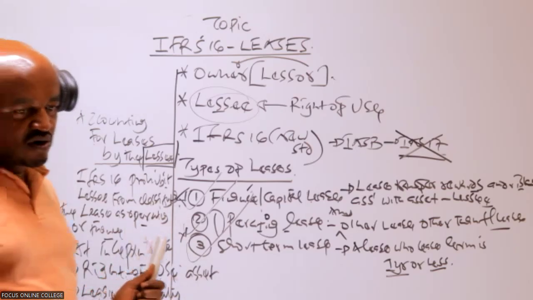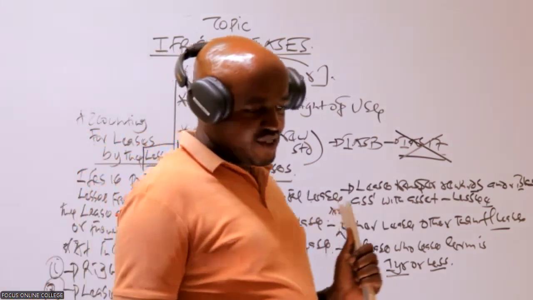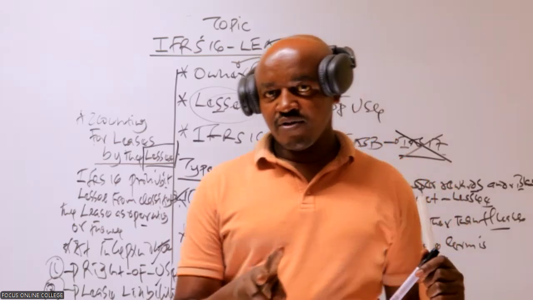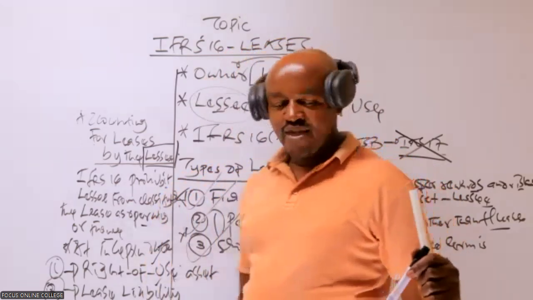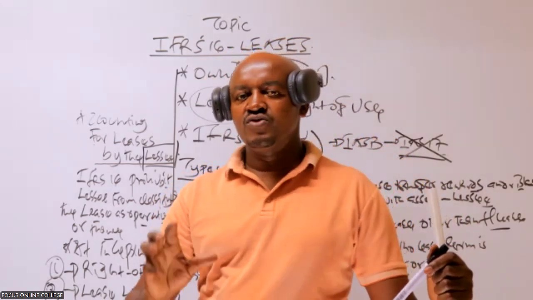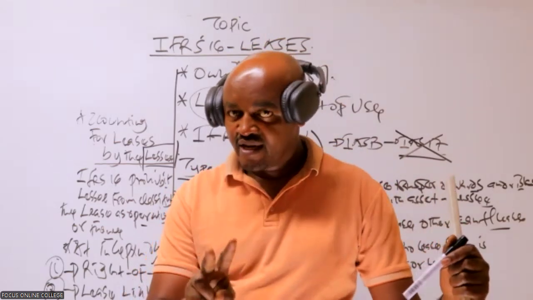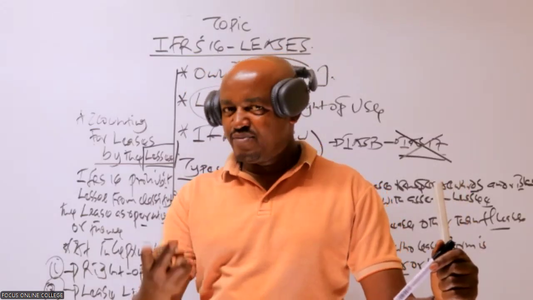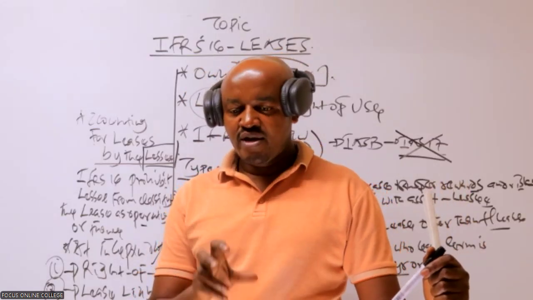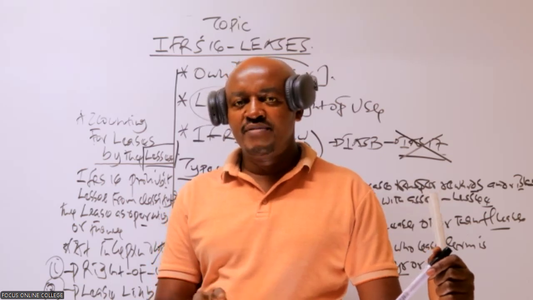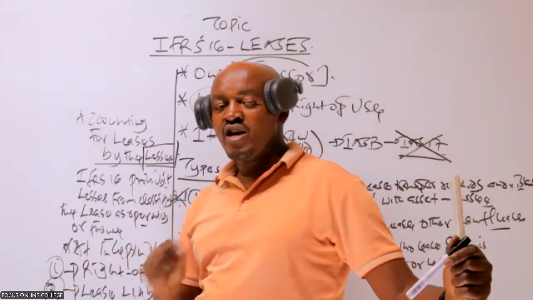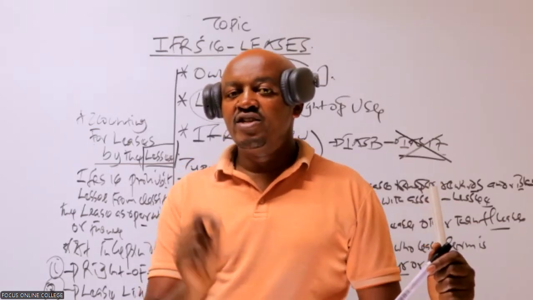But even before you look at how we determine those two items, there are two exemptions as far as this is concerned. If you have been given the right to use an asset, we are saying recognize the right of use asset and the lease liability. But under those exemptions, you don't have to recognize the right of use asset or the lease liability in your books of accounts.